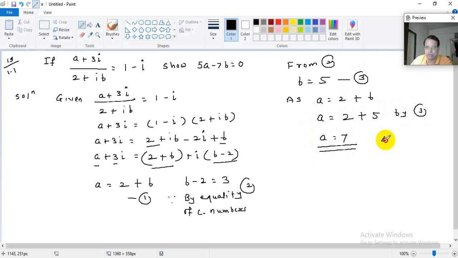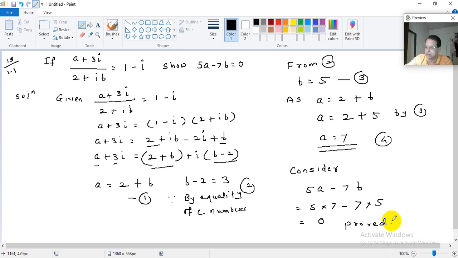This is result number 4. So now consider 5a minus 7b. So it is 5 into 7, a is 7, minus 7 into b, b is 5, so minus 7 into 5. So it is 35 minus 35, so 0. Proved.